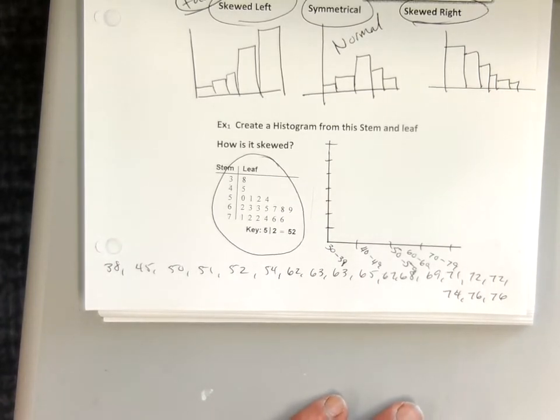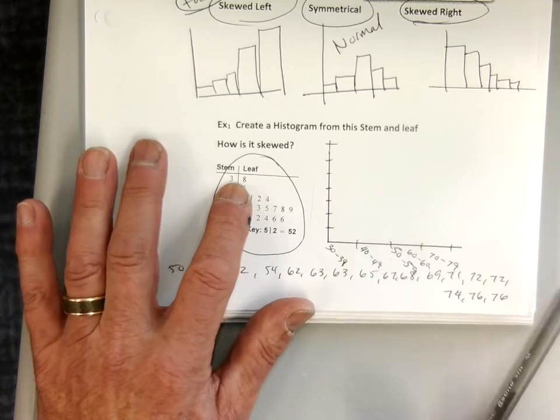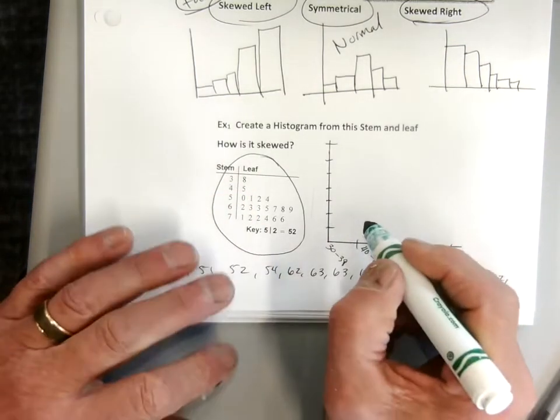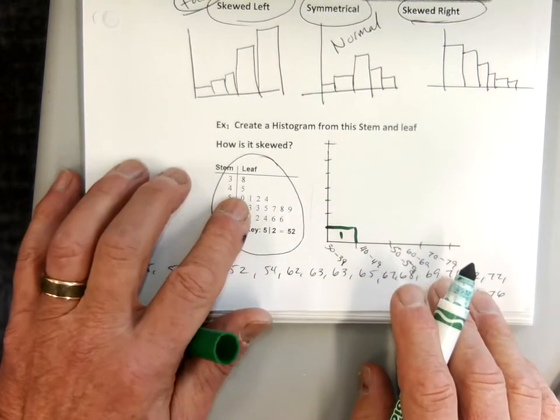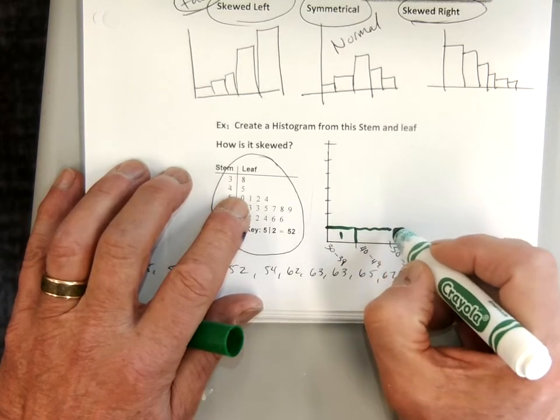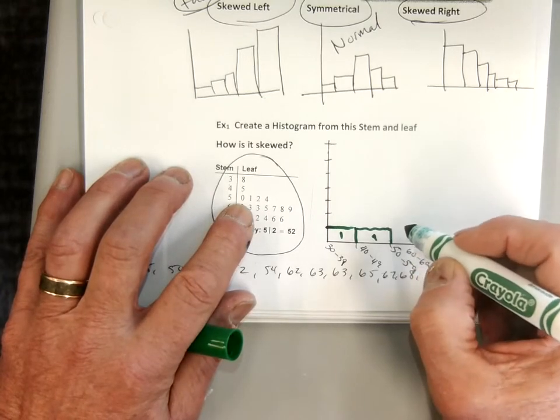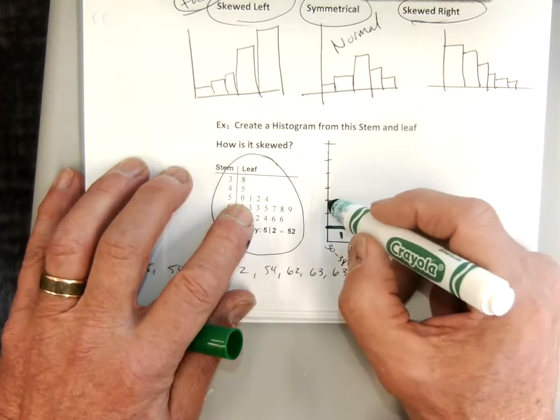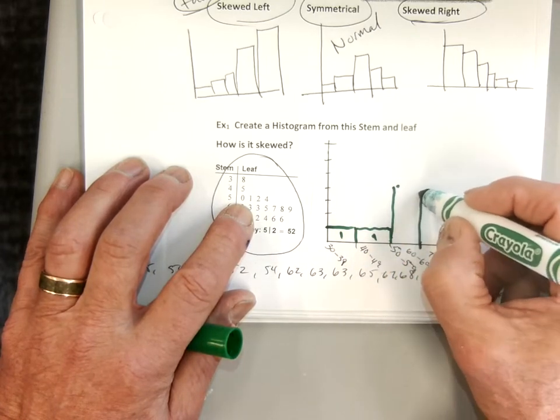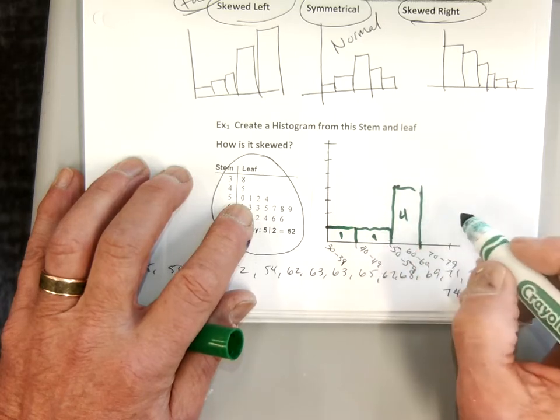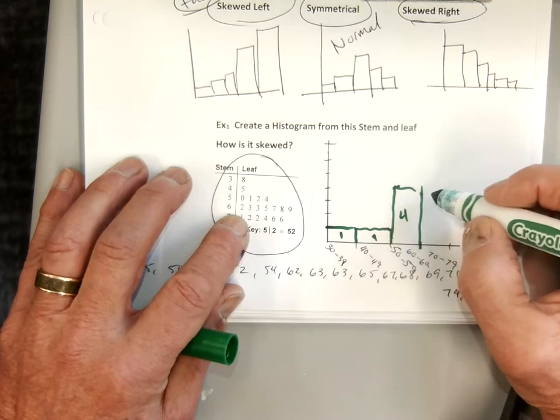No. So I know for sure I only have one in the 30s, right? So I'm going to put my... Okay. I have one in the 40s, right? I have four in the 50s. 1, 2, 3, 4. I have 1, 2, 3, 4, 5, 6, 7 in the 60s.